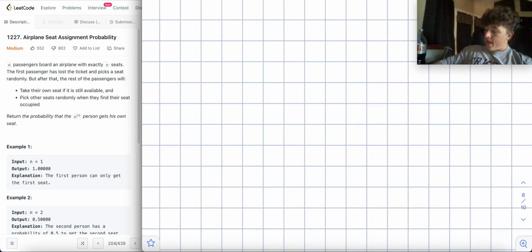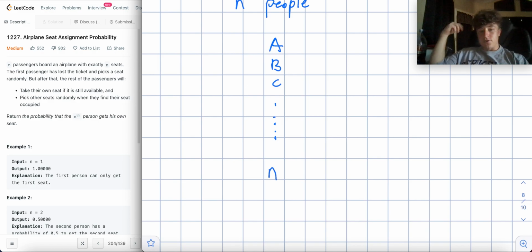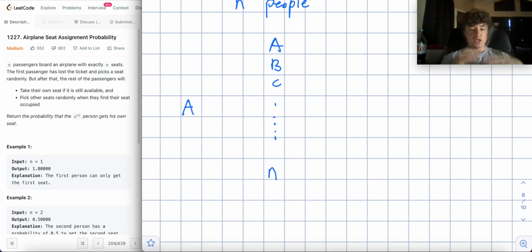So if you have n people, right? Well, let's just say there's these seats, right? So there's these seats A, B, C, all the way to, I don't know, n, I guess, because there's n people. And then there's this first person, right? Now, this first person is what's throwing a wrench in the system because this first person doesn't have a seat. So they're going to pick one at random, okay?